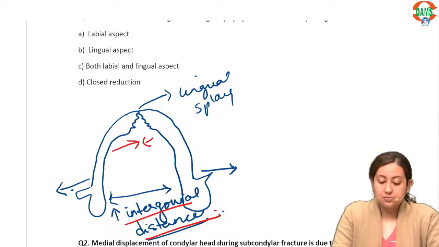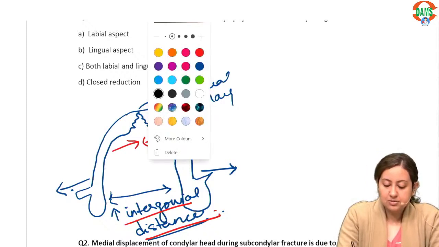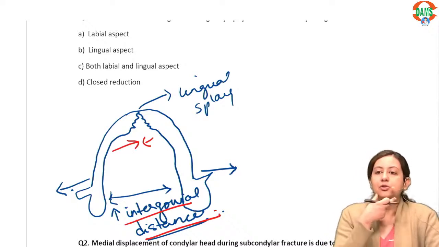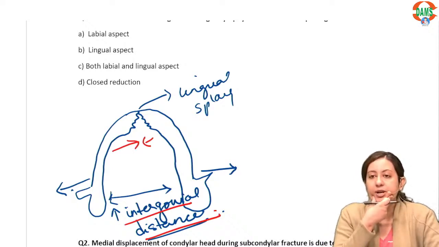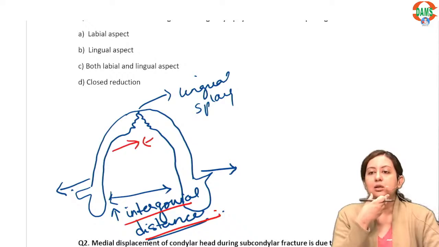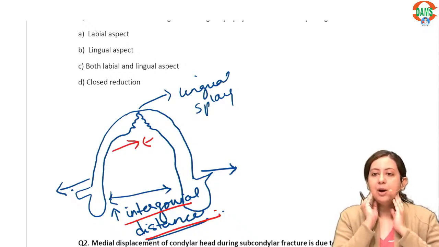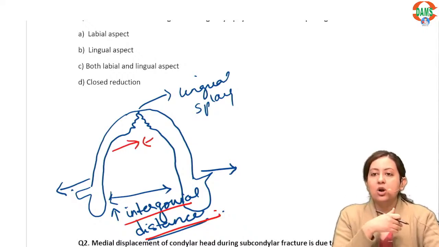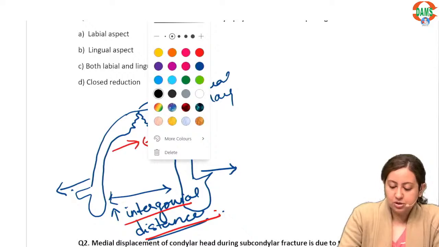Now, how is this possible? This is possible by doing certain things. What we'll do is we will do the plating, and while the surgeon is plating, the operator will give bilateral gonial pressure so that the lingual cortical plate is reduced.